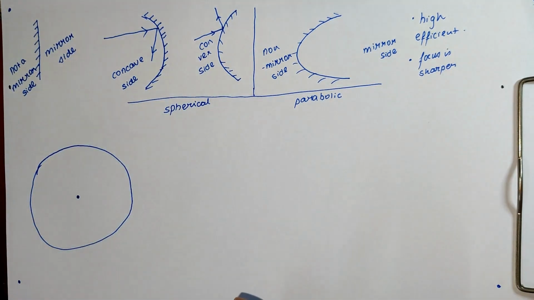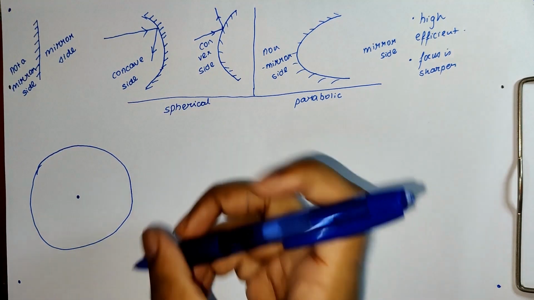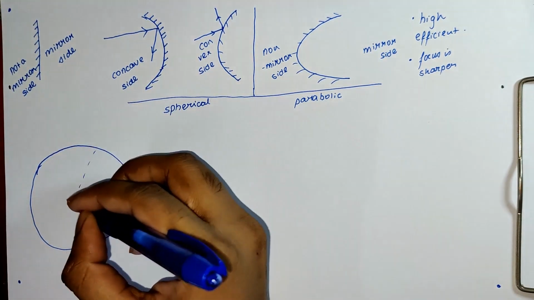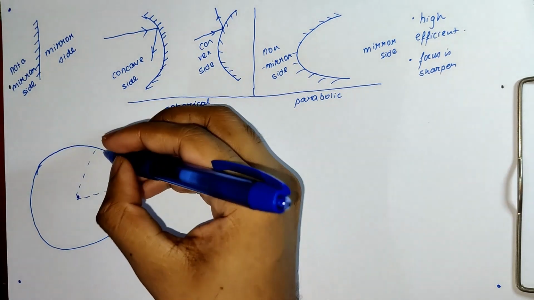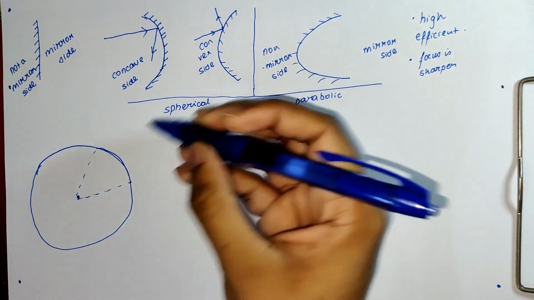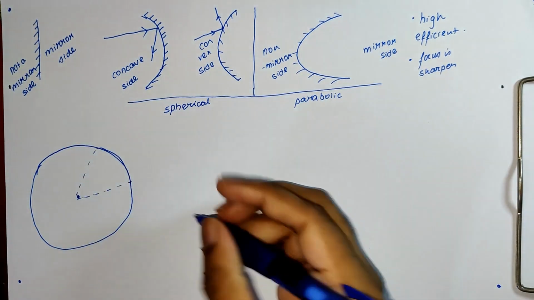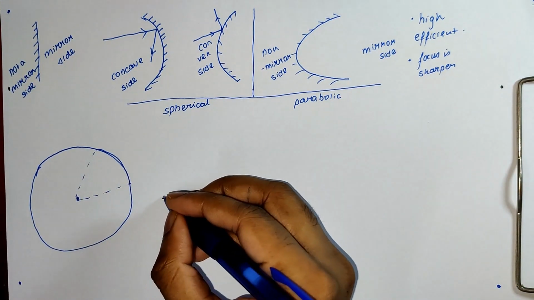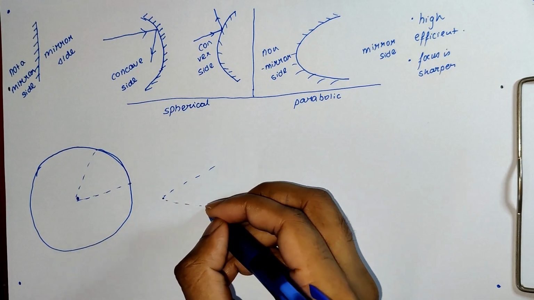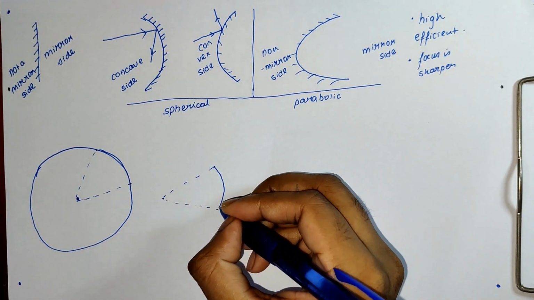Now we have seen in the last slides that when you take a portion of a sphere, it will form the curved mirror, right? So you take that curved mirror out of the way. So let me draw this. Take the curved mirror out of the way.